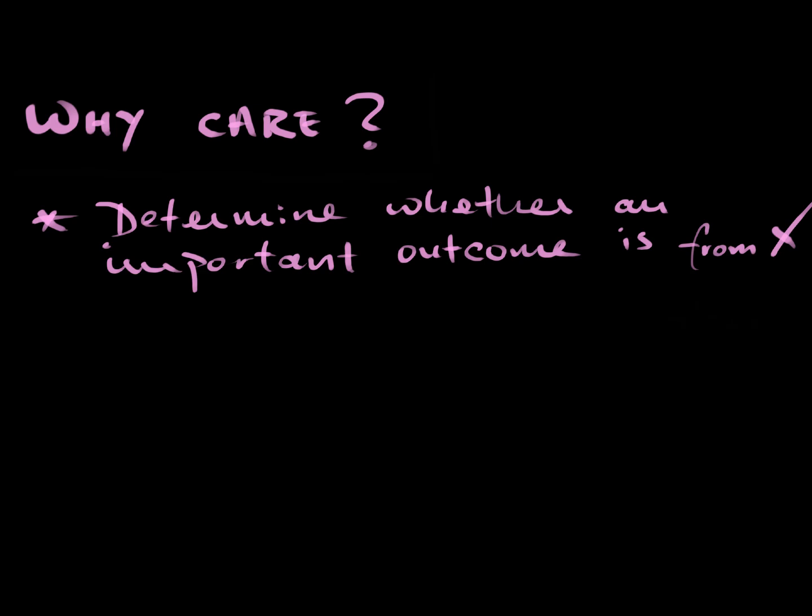So if we want to correct the gender inequality in earnings, then the solution is going to depend on what is actually causing it. So we want to know whether this important outcome, an observed earnings gap, actually comes from gender or from something else.